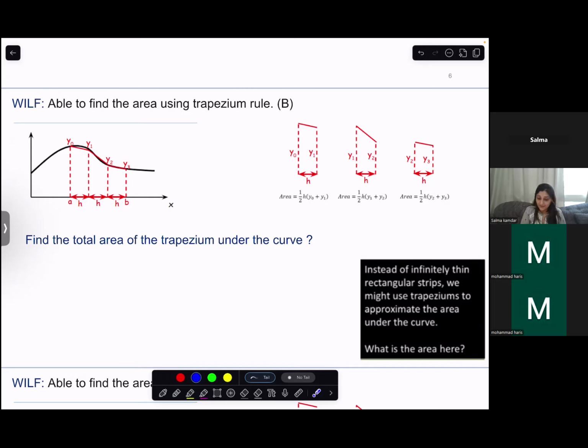This is my a and this would be my b, but I am giving the a and b to my bounds. So I change these into y0, y1, y2, and y3. Are you with me? So my first strip area would be half into height into y0 plus y1.